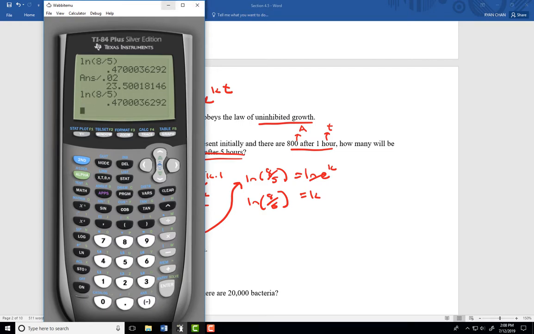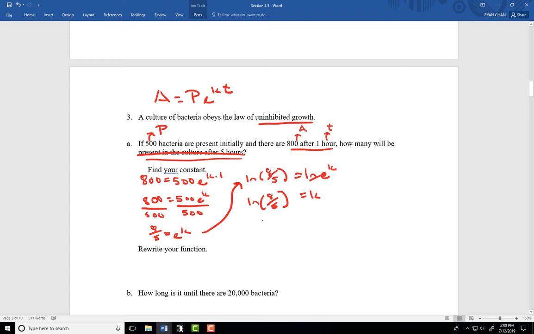You can round it to 2 places. I'm going to talk more about this constant later. Your constant, you can write it as exact or as approximate. Both generally should be okay, but there are sometimes you do need to write it as exact. So then I can rewrite it and say a is equal to P e to the 0.47t.